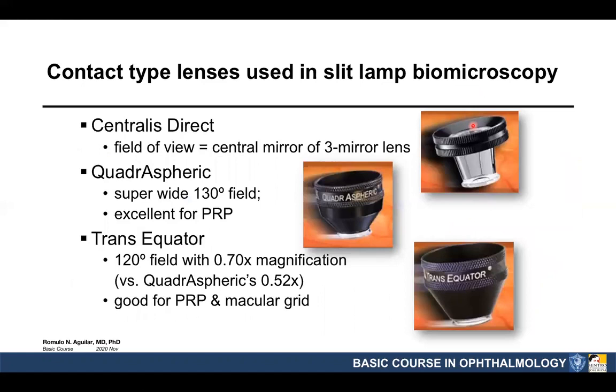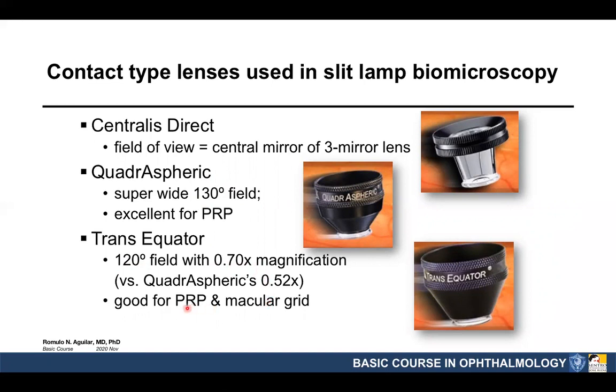You have your centralis direct. The field of view is limited. It equals the central mirror of the 3-mirror lens. You have your quadraspheric. It gives you a super wide field of 130 degrees and is an excellent lens for panretinal photocoagulation. You also have a transequator, which has a slightly narrower field of 120, but better magnification of 0.7.